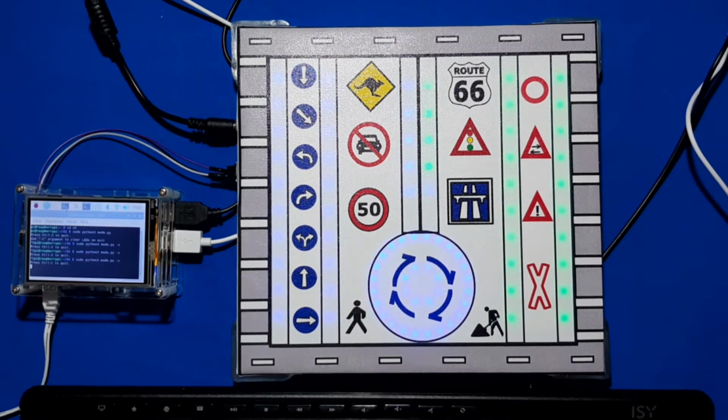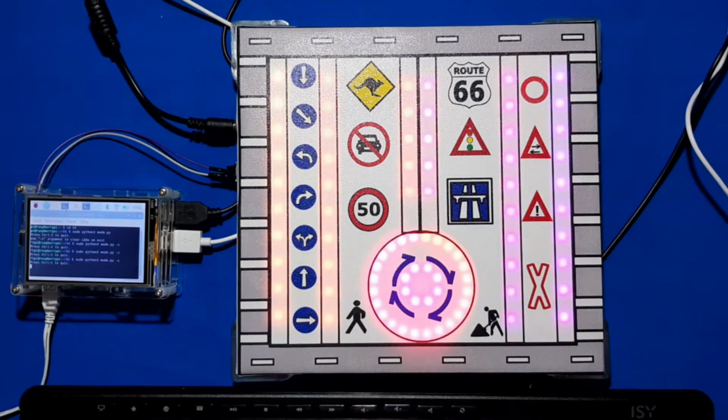These Neopixels are so fascinating in that the color of each of the three LEDs inside each package can be controlled by digital means.